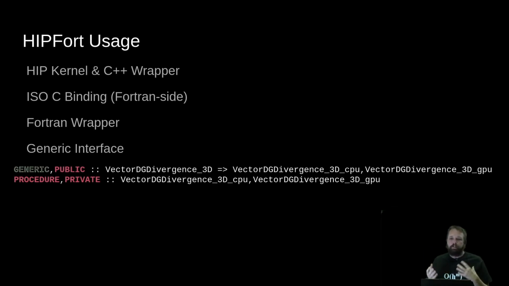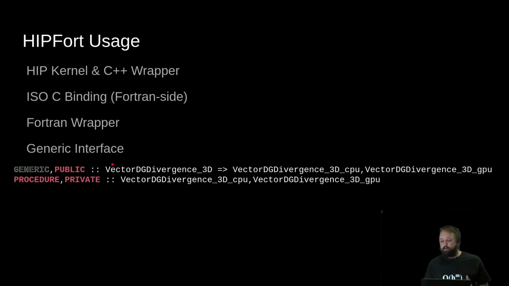You can use this sort of pattern in your type-bound procedures, where you declare a generic public for the name of the routine, vector divergence 3D, for example. And you can map that to both the CPU counterpart and the GPU counterpart. And then we, of course, make these private, because what we really want users to use is this vector DG divergence 3D only.